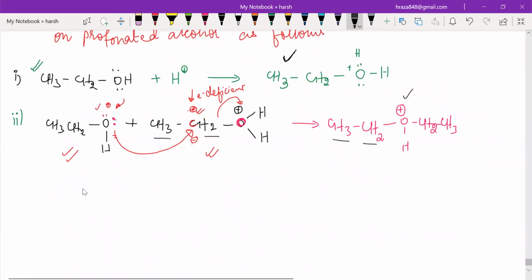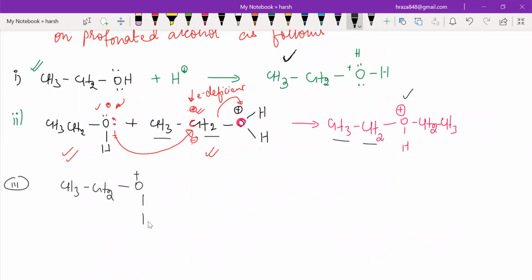Yes, sir. Now the third step is like this: CH3, CH2, O positive, H, and then CH2, and then CH2. Can you tell me, positive charge on oxygen is less stable? Less stable, sir. That's why this oxygen will take electron from hydrogen, and now it will form ether.